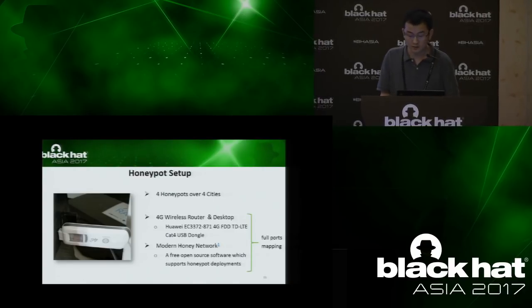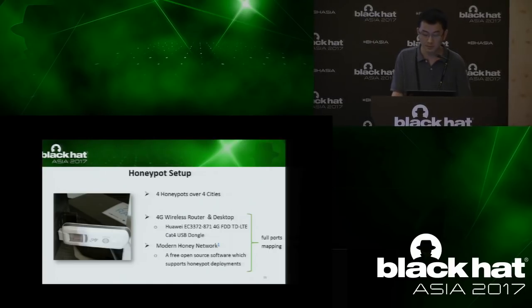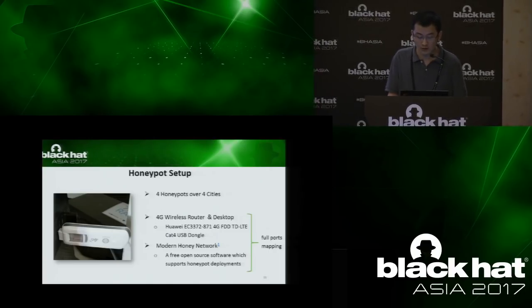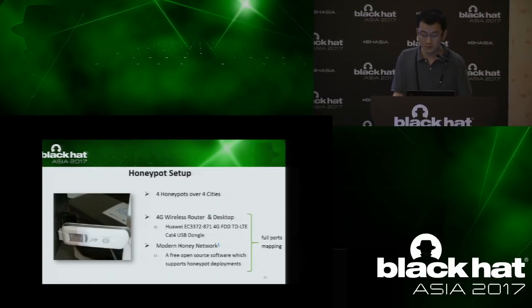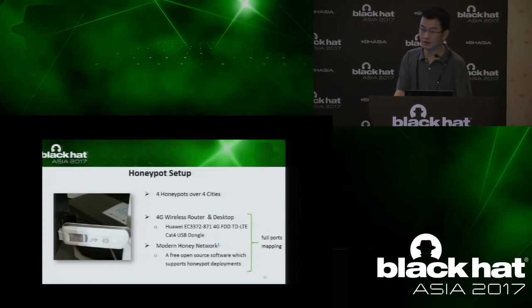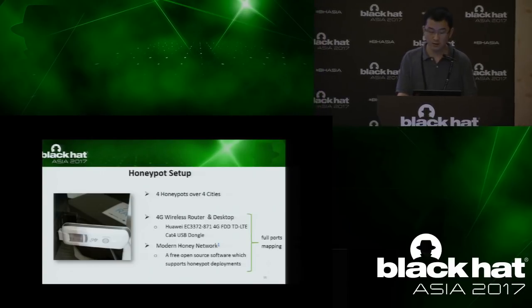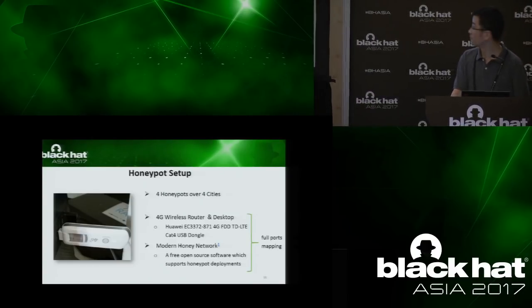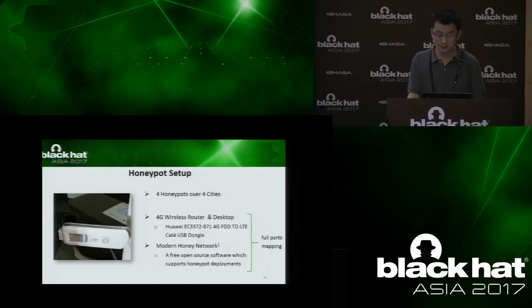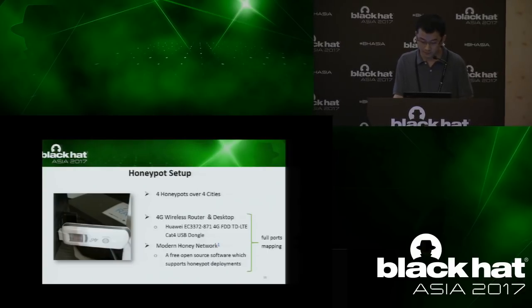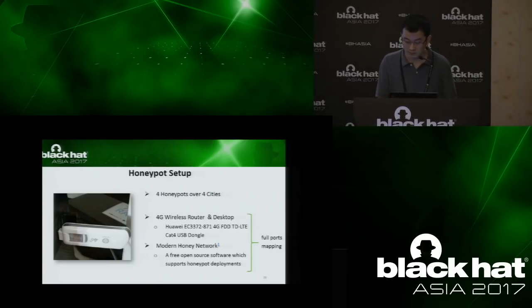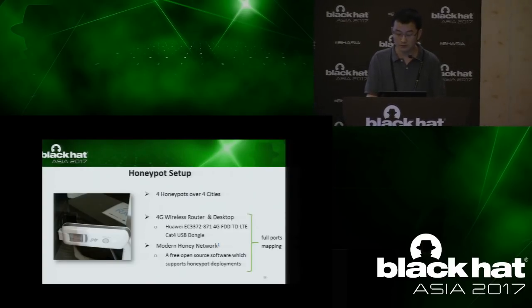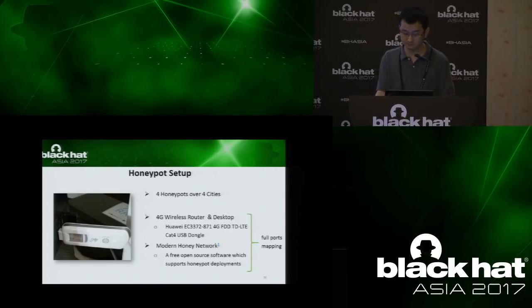Okay, let's see the honeypot setup. We set up 4 honeypots over 4 cities in China: Beijing, Yunnan, and 2 others. We build 2 kinds of honeypots. The first one is the port mapping honeypot, using different devices.